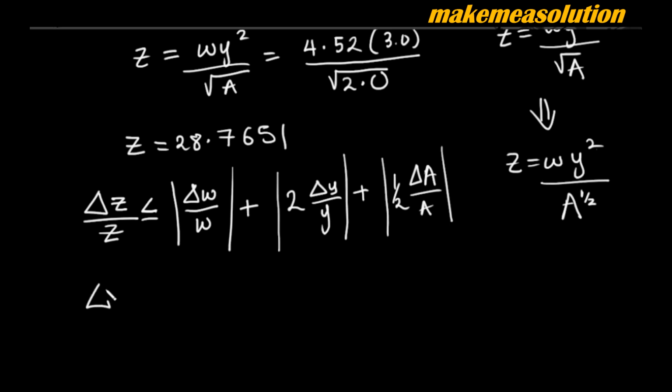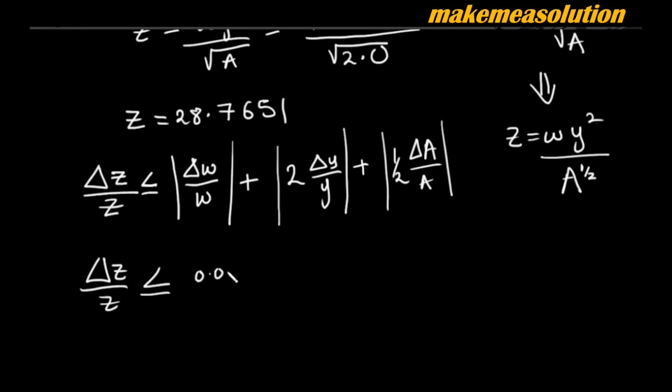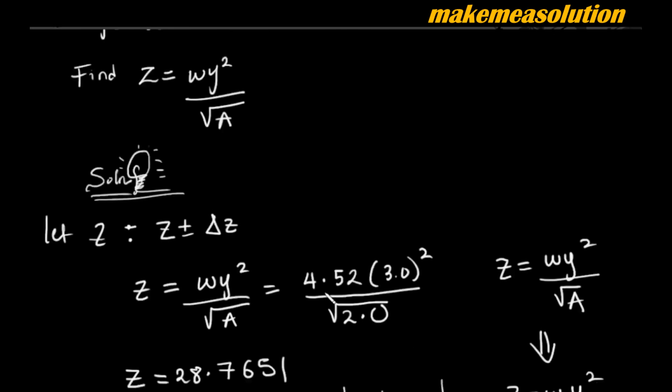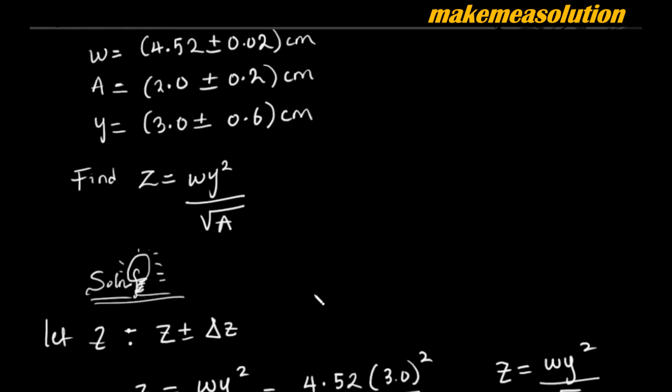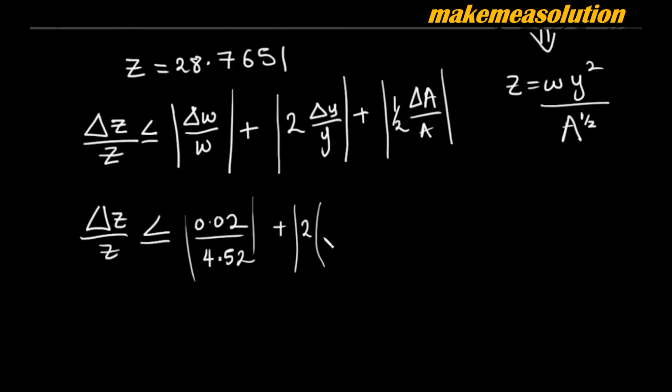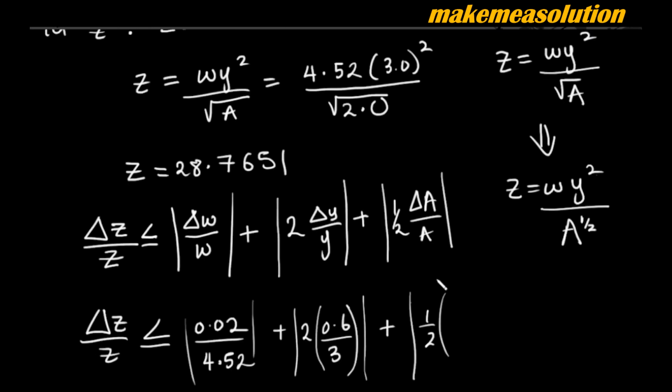So we can evaluate our relative error delta z over z to be, for w, 0.02 over w being 4.52, then plus 2 multiplied by, for y, I have 3 and 0.6, so 0.6 divided by 3, and finally I have 1 over 2 times delta a, which is 0.2, and a is 2, so 0.2 divided by 2.